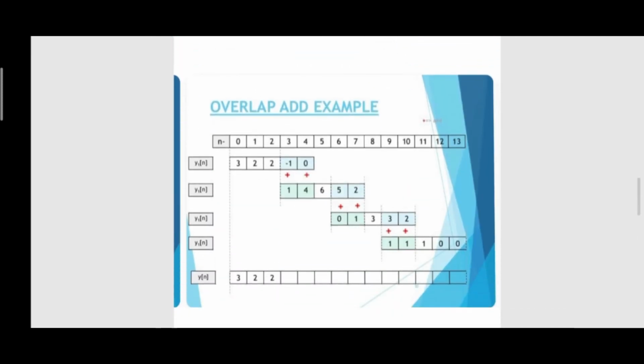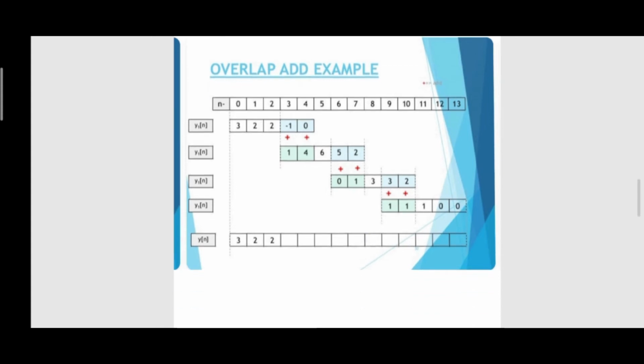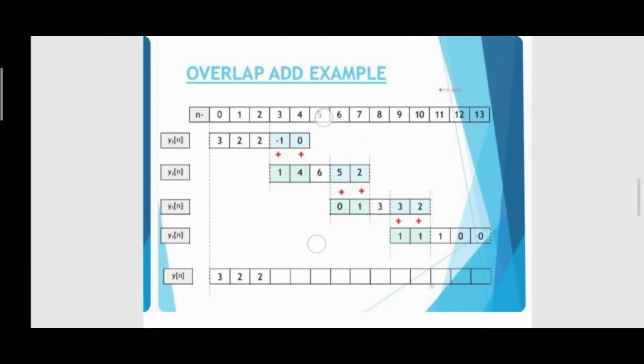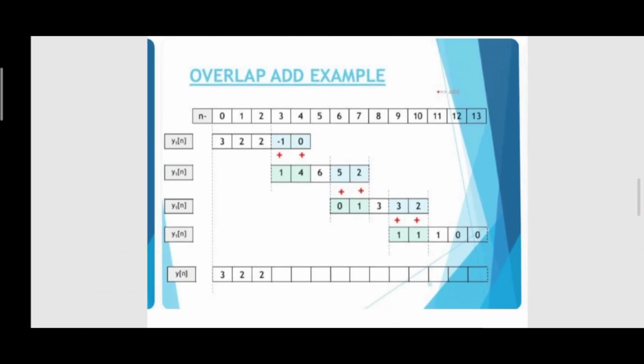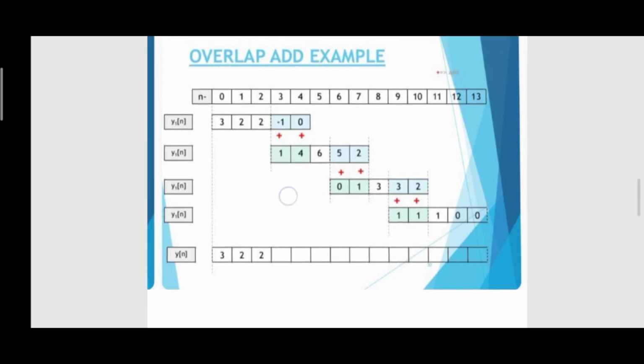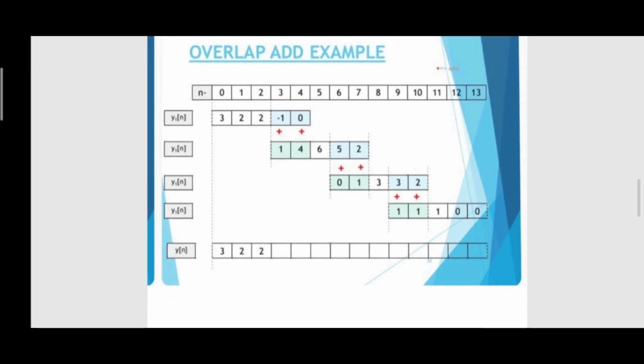Okay, then how to add these values using the overlap add method? Now we are seeing how to add these samples. In y1 of n we got the values 3, 2, 2, minus 1, 0. This time we have to find the overlapping sequence.